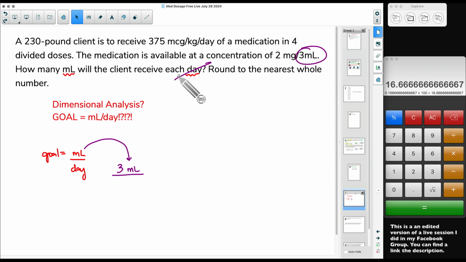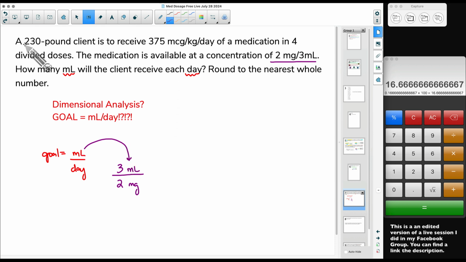And you might say to yourself, well, why are you putting the 3 up top? Why are you flipping it? It's all about the goal. We want milliliters at the top. So we know in 3 milliliters of this liquid, there are 2 milligrams of medication. So we are using this because it had that first word we needed, the word milliliters.